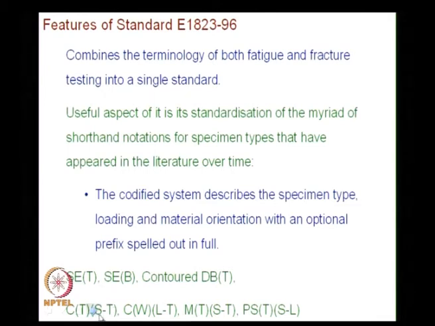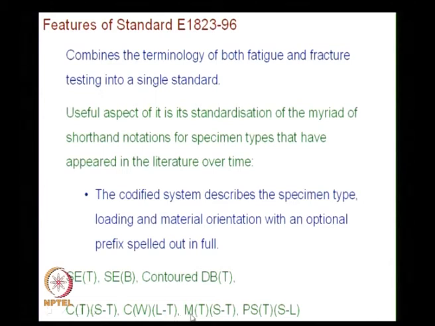So, this is the S-T type of specimen taken out from the plate stock, and you have this C(W), which is compact tension specimen subjected to wedge loading, and you have this for L-T direction, some sample.